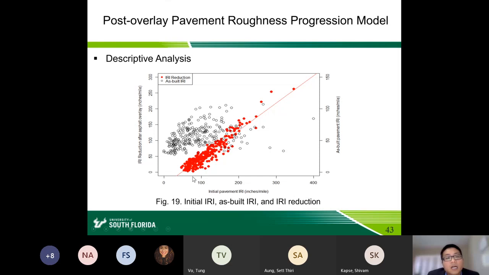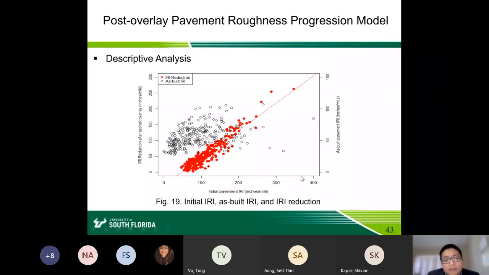First, the descriptive analysis. The initial IRI is the original pavement IRI roughness. The IRI reduction is the reduction value between original pavement IRI and as-built IRI immediately after the asphalt overlay activities are implemented.